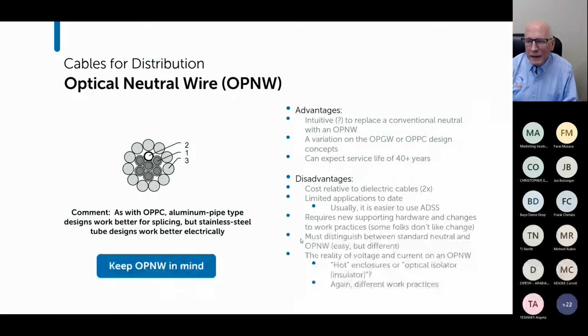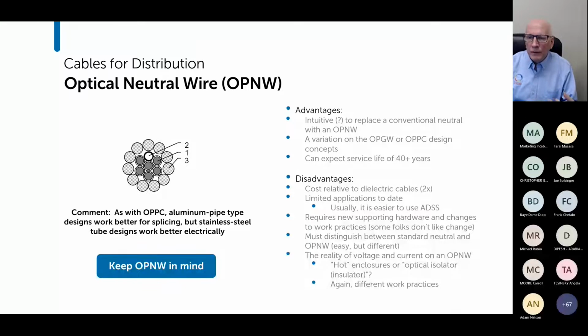That would be easy to do, but again, you're back to it's different, and so you have to train the operations people, right? Because after a storm or if a line goes down or some problem like that, there's a tendency to just cut cables. But you wouldn't want to do that with your OPNW because you'd be knocking out communication.